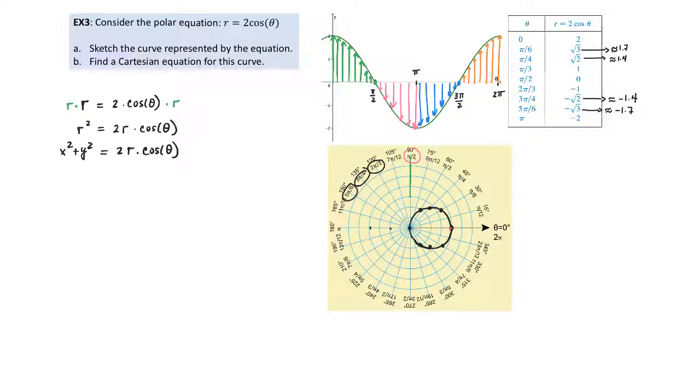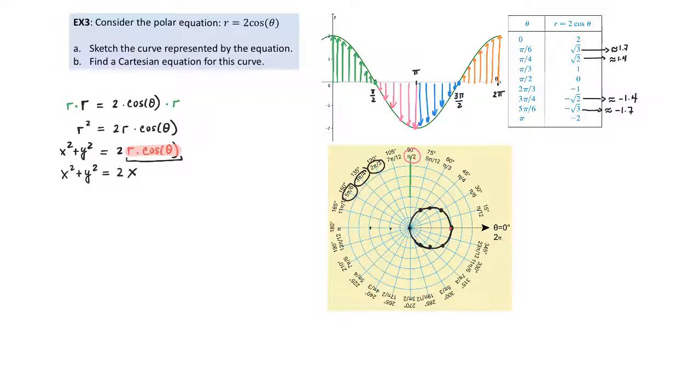Now I want you to notice this part right here. I'm going to be highlighting this part, r cosine theta. r cosine theta is x. So I can write this as x squared plus y squared equals 2x. All this is replaced with x.